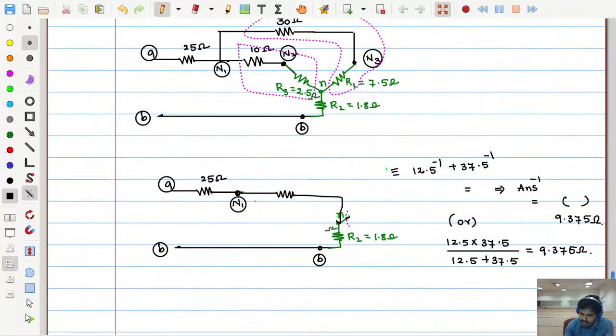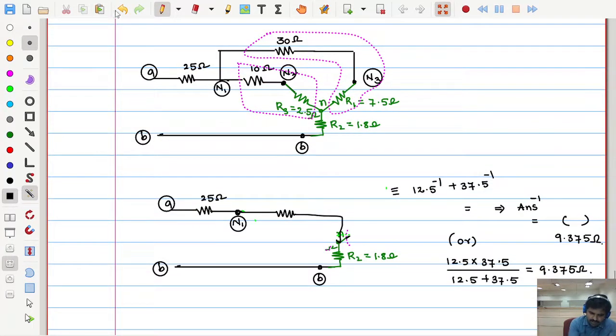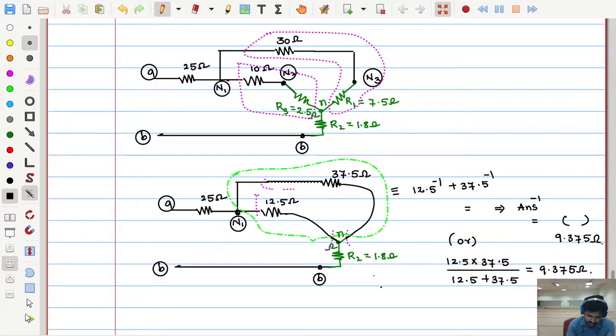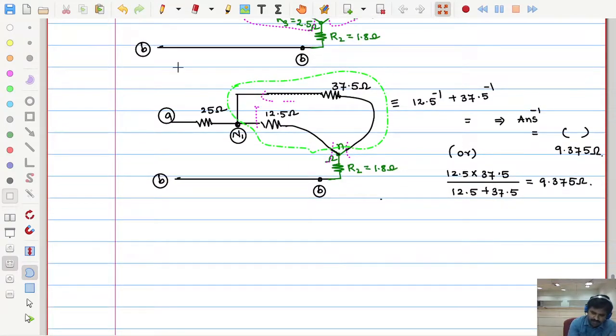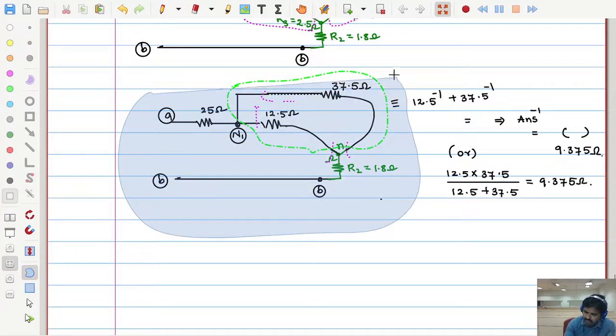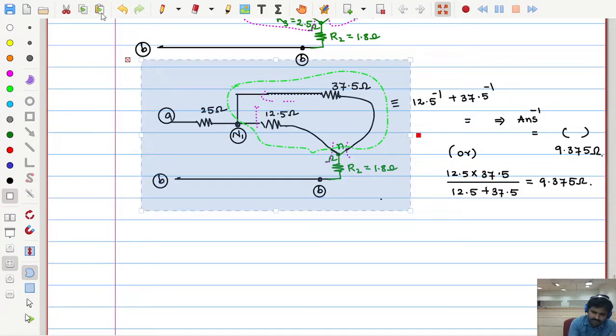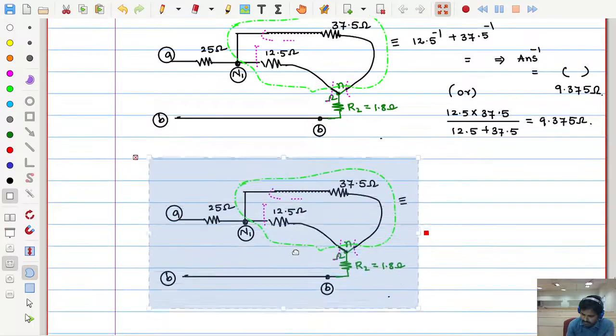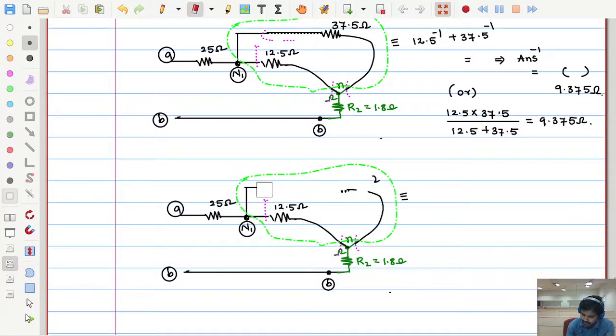So I hope, just wait one second. Actually, I need to keep this circuit since this circuit is required for understanding the steps. So I am taking one more circuit. Here I am removing. Right, now this is fine.